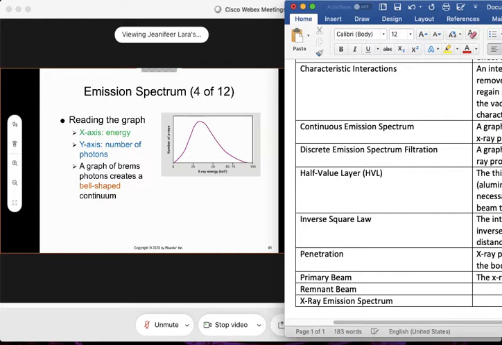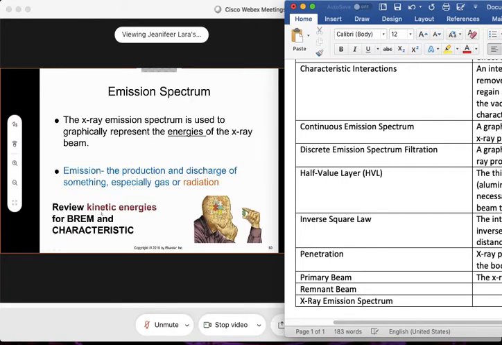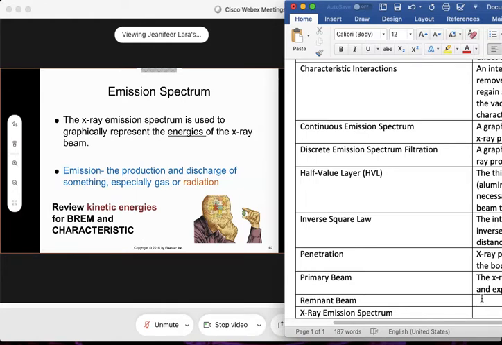There we go, right? So if we want to increase the kinetic energies of our filament electron to start characteristic, the minimum setting of kVp we can select on our operating console must be greater than the K shell binding energy. I'll say that one more time. In order to initiate characteristic photon formation, cascading, the highest binding energy is that K shell electron.